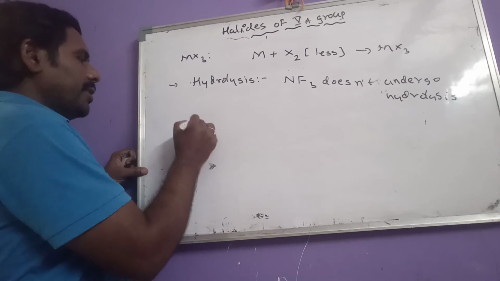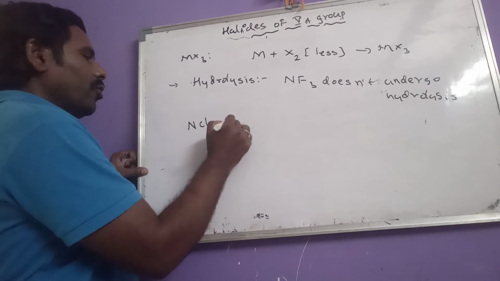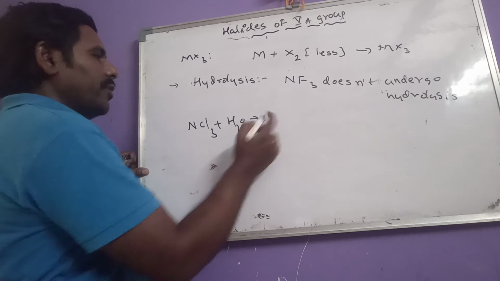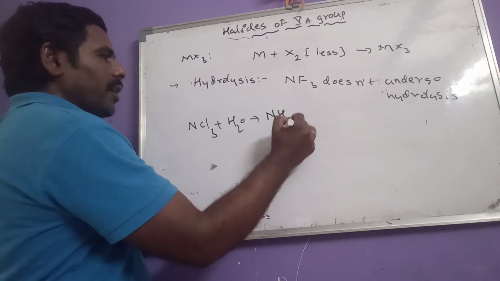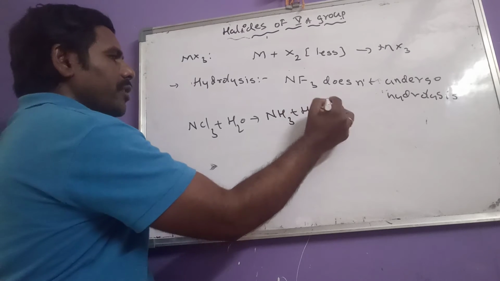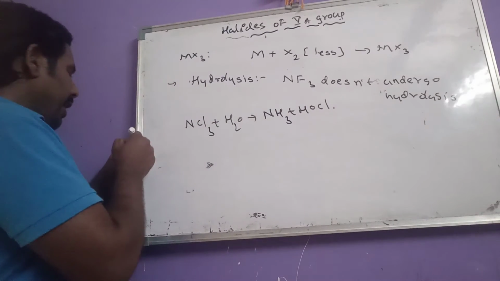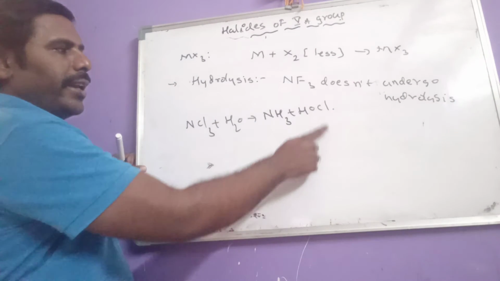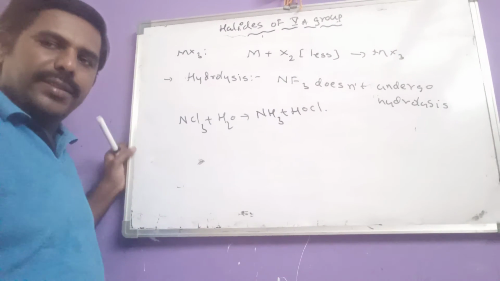Next, NCl3 undergoes hydrolysis, and what is the speciality of this one? The products are NH3 and HOCl, where NH3 is a base, whereas HOCl is an acid.